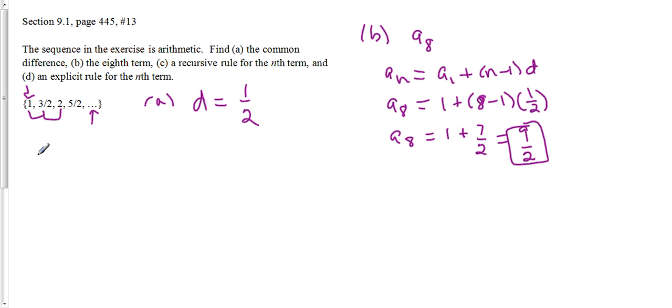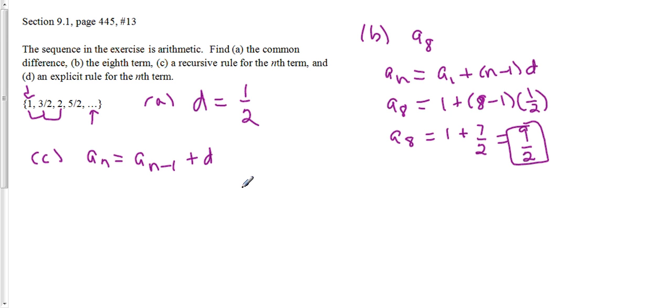Now, part C asks us to find a recursive rule for the nth term. Now remember that recursive means that the element in question, an, depends on the element before it. And we had a general form for this from our definition of arithmetic sequences, which said that an was equal to an minus 1 plus d.